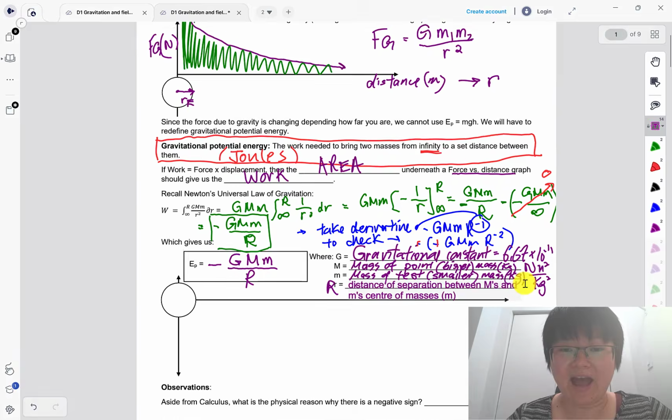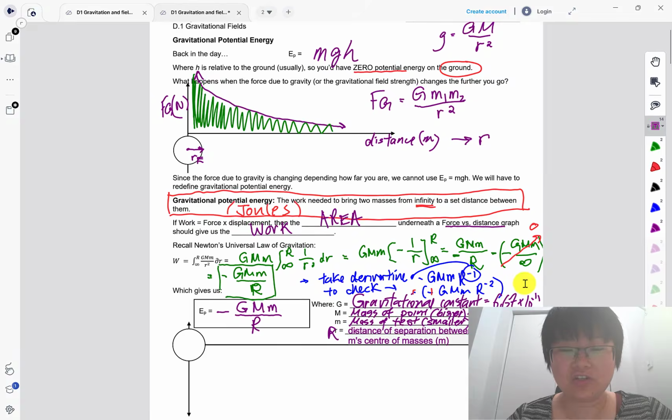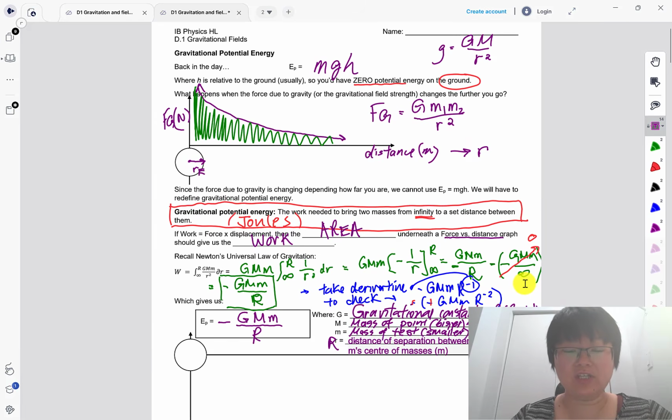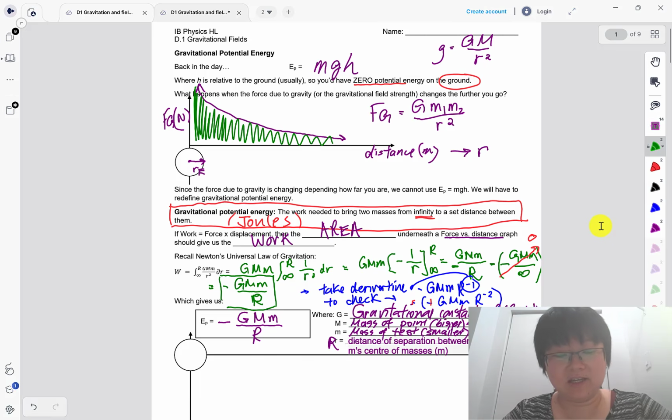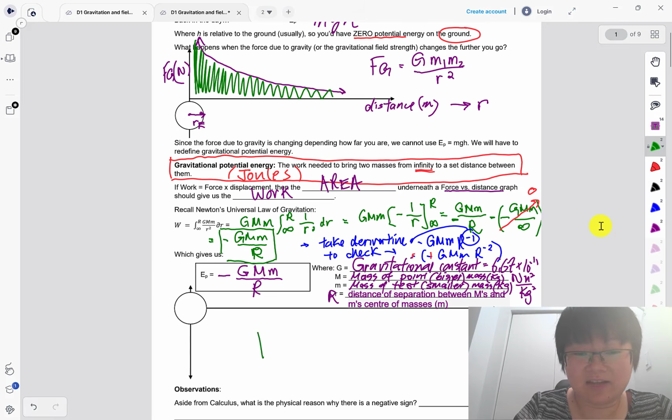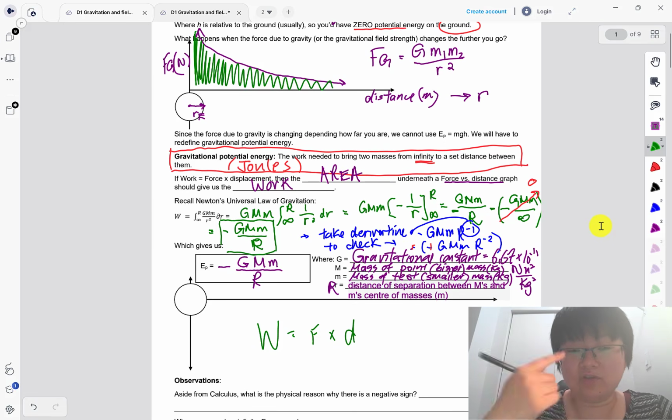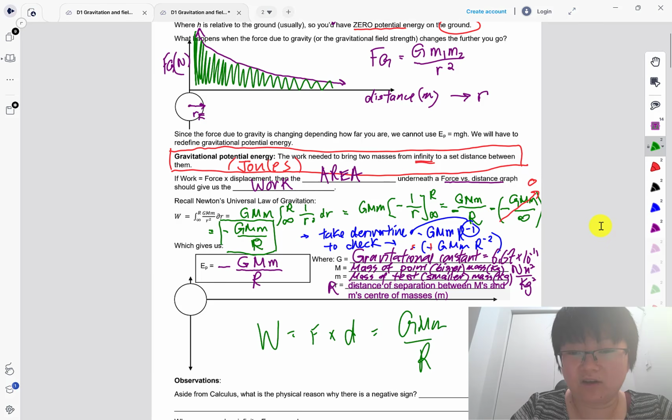So going back to this definition of gravitational potential energy as the work done in bringing two masses together, you may also have noticed something interesting. I'm going to erase this later because it's not really official. But if you go back to the idea that work is force times distance or displacement, then in the case of Newton's universal law of gravitation, this is going to be big G, big M, small m over r squared.